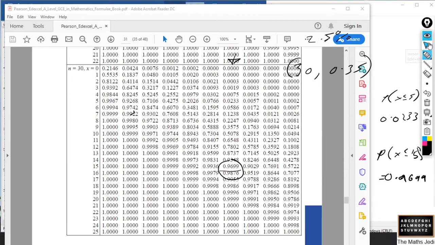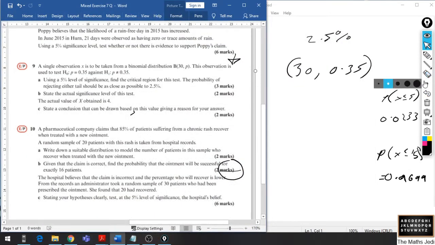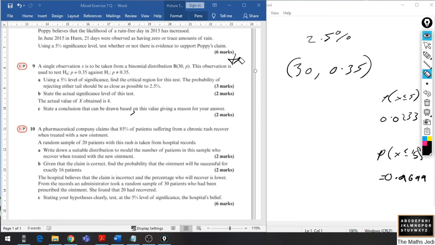Okay, let's just get rid of the tables for a minute and trash my annotation over here. I don't need that anymore. Right. So that was 0.9699. Now that is actually the probability of it being 15 or less. Now remember, we need to look at 16 or more, because that's 1 minus the probability of being 15 or less.